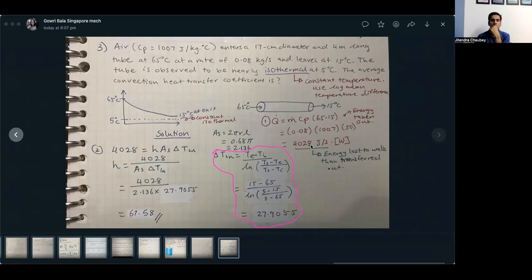Correct. Okay. So you got this Q, and then that Q was divided by surface area. Surface area is circumference into length. Yeah, this is the surface area, circumference into length.